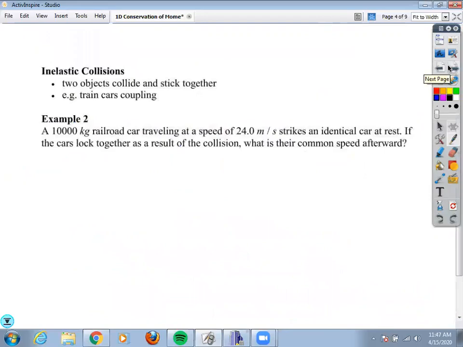All right, the second option are inelastic collisions. So inelastic collisions would be two objects that collide and stick together. And that would be like train cars sticking together or football players colliding with each other.